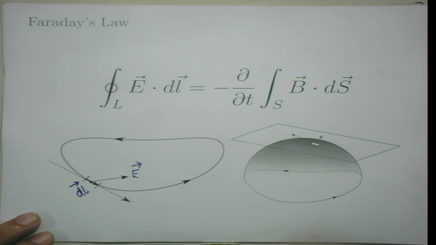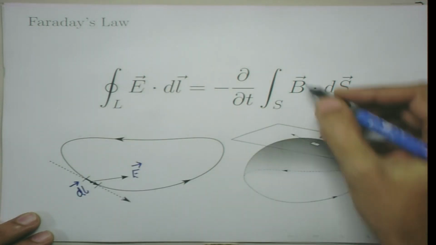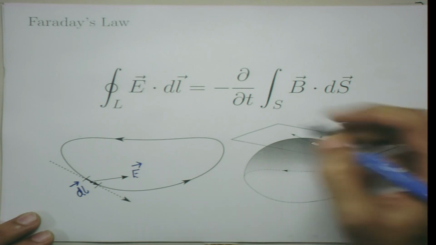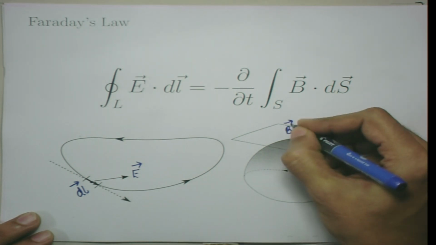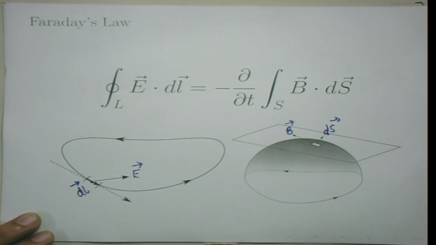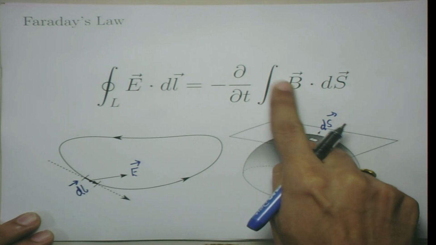So, this is a closed curve, and this is a surface integral, B dot ds, to be evaluated in the same way as I mentioned earlier, but the important thing is that it is not evaluated over a closed surface, remember there is no circular sign here.